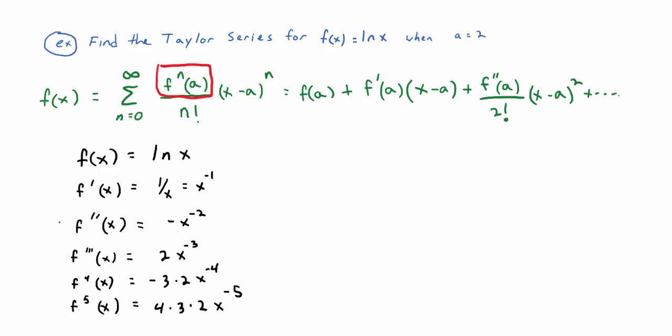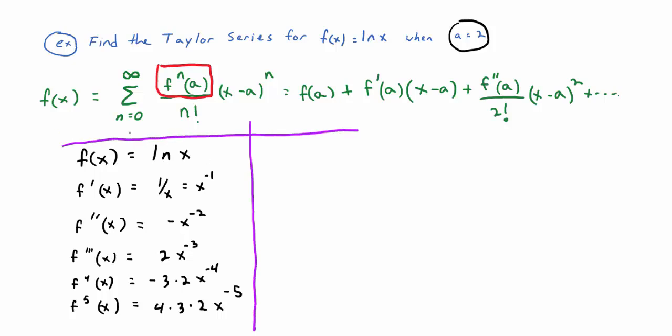Now, really what I want to do is evaluate these derivatives where? At what we're calling a equals 2, but a is an x value, so essentially x equals 2. If you want, you could make a little table like this.